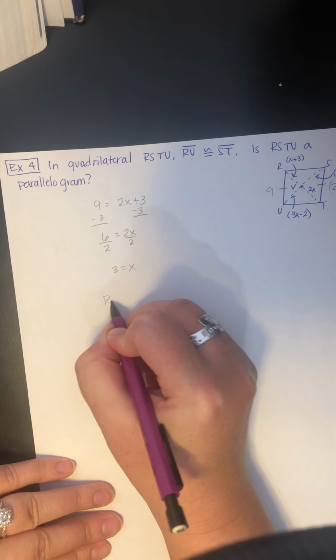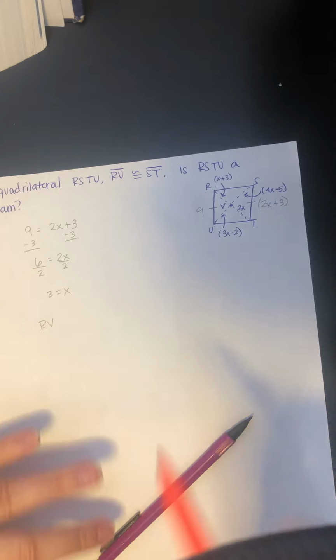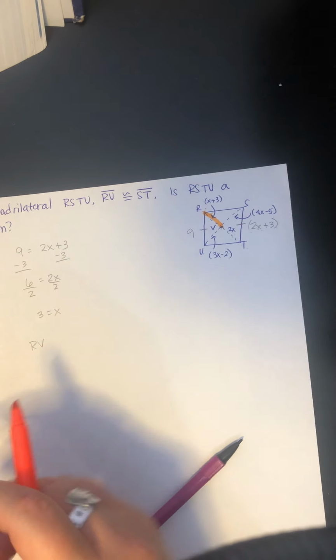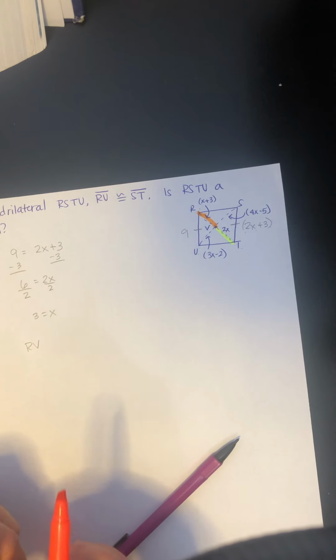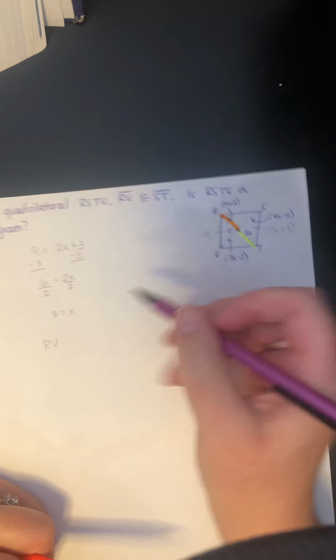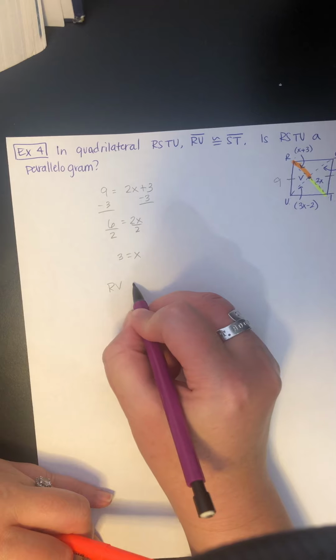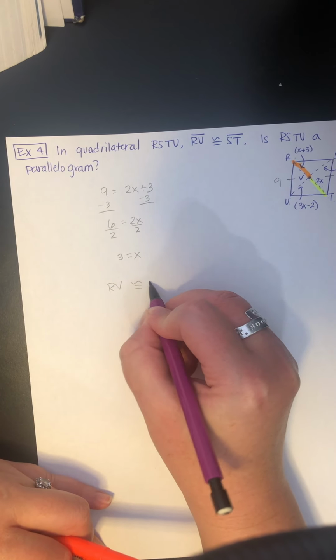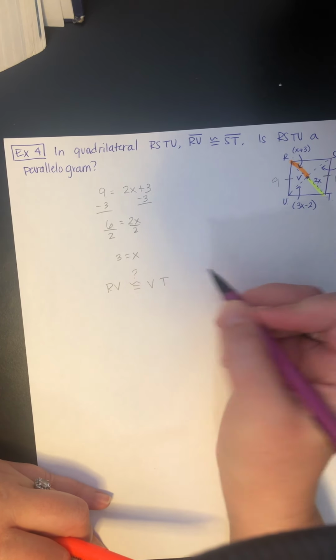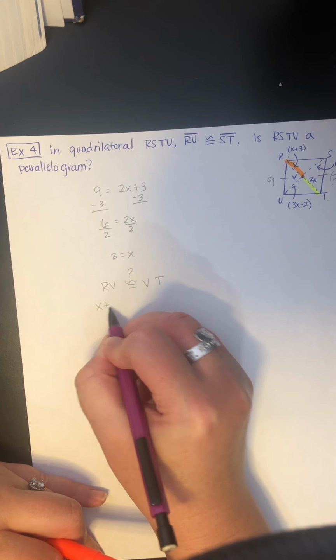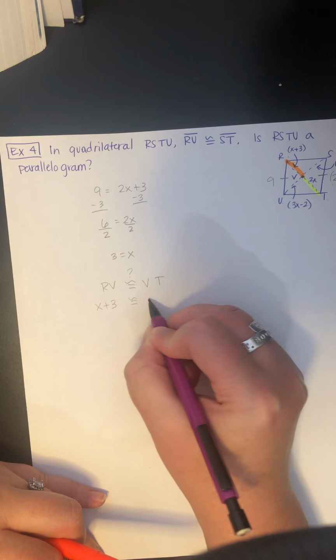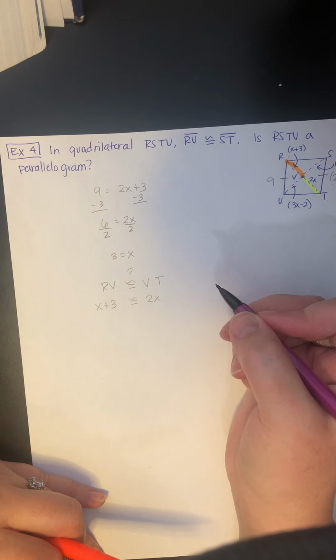So RV, which is the length from here to V, and then from V to T, okay? RV is congruent to VT. We're going to plug x in here. So we have x plus 3 for RV and 2x for VT.